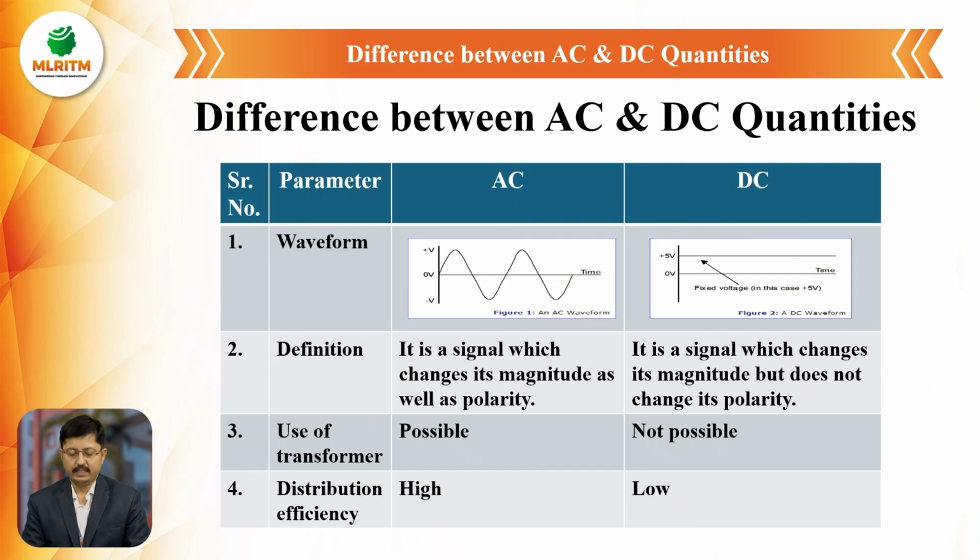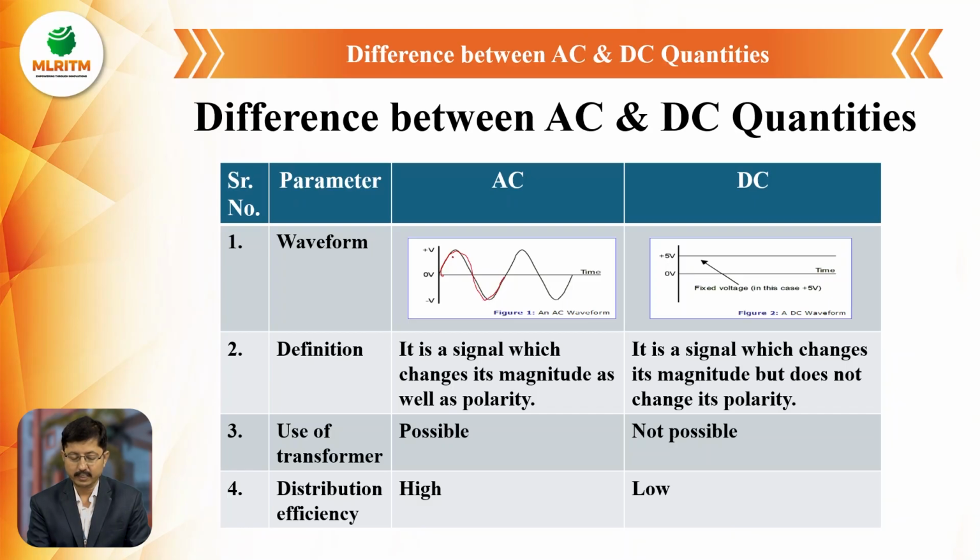Now we will see the difference between AC and DC quantities. Here, see the waveform first. The quantity is changing periodically with respect to time.